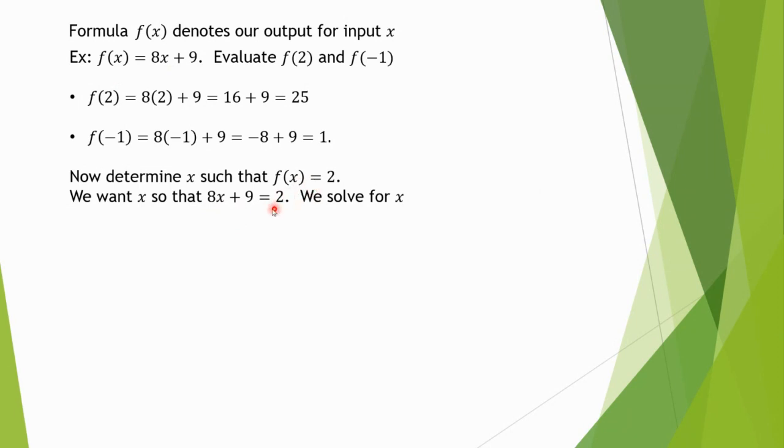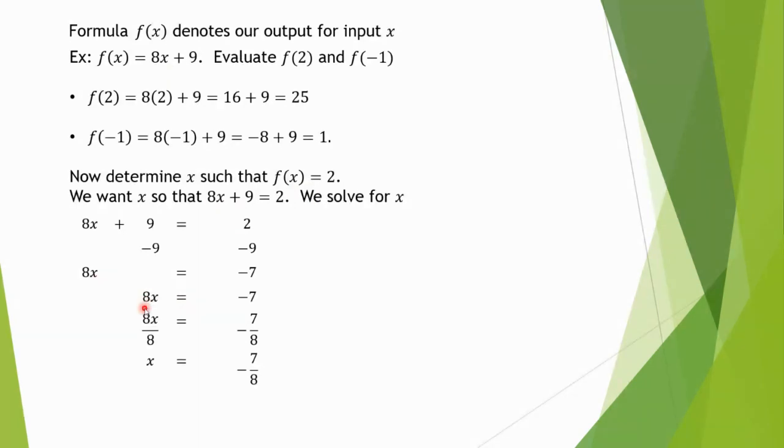Now we want to solve this equation for x. And that takes some basic algebra. Solving equations, as we see here. You subtract 9 from each side. That's the first thing, because you want to get x all alone. We get 8x equals negative 7. From here, all I did was I moved the 8x closer to the equal sign, but we want x.